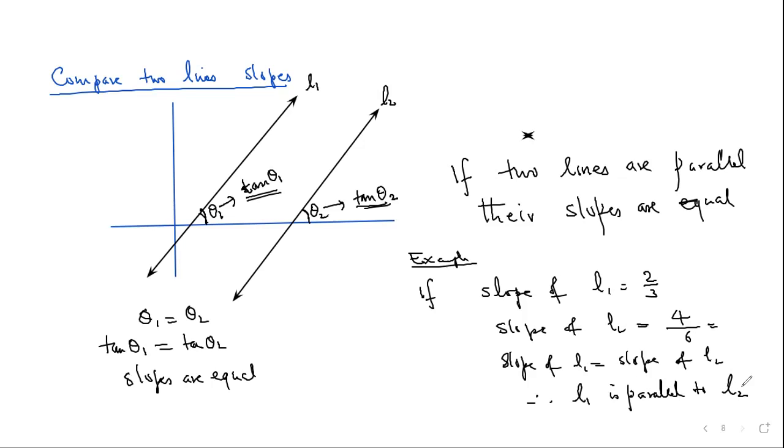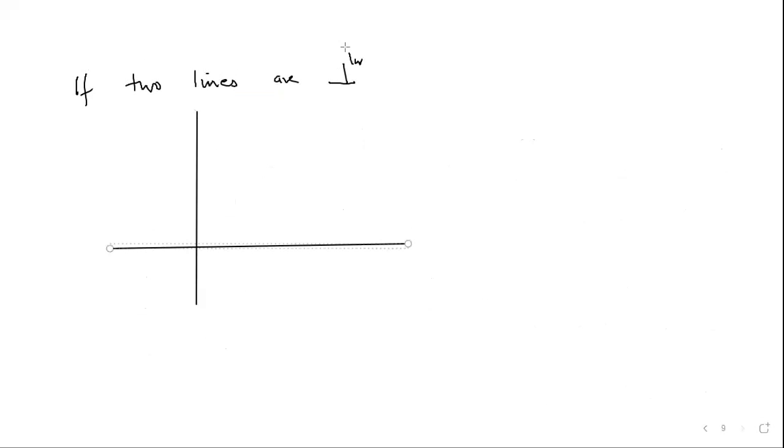Okay. Now, what about when the lines are perpendicular? Let's see what happens. Are you ready? If two lines are perpendicular, then what happens? Let's have a look at it. This is the y-axis, this is the x-axis, this angle and this angle.